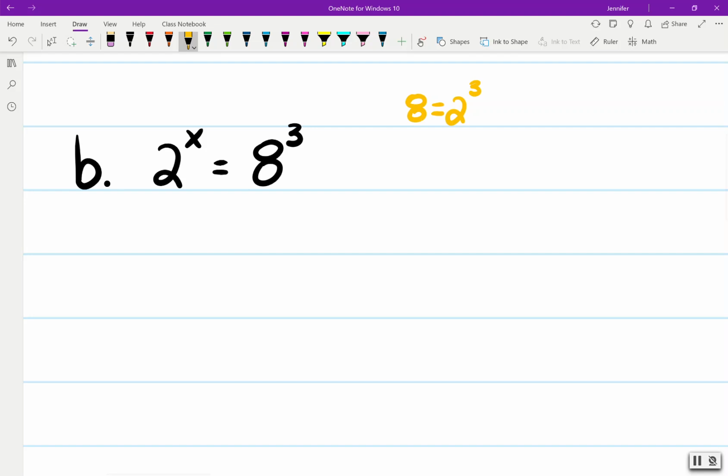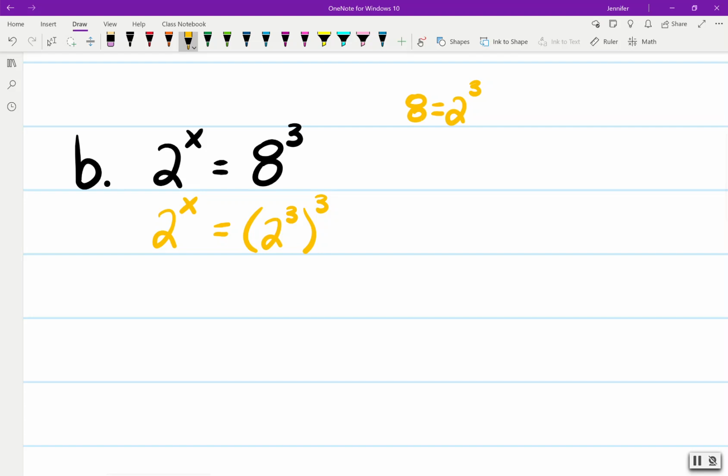Well, let's substitute that into our problem. So 2 to the x is equal to, and then instead of writing 8, I'm going to write 2 cubed. So I'm just making a substitution. Then I have a power to a power. So what do I do with the 3's?